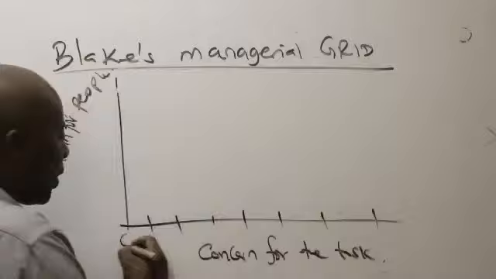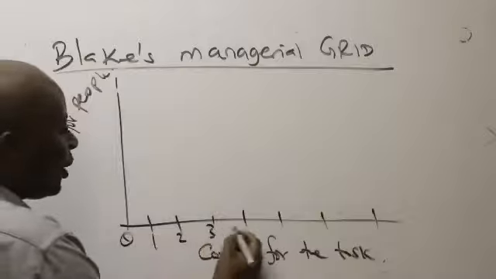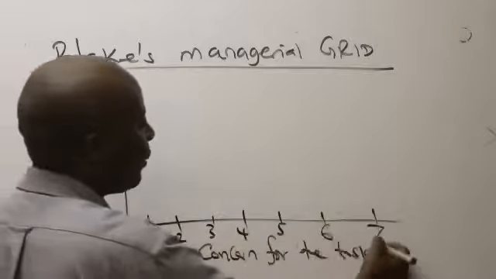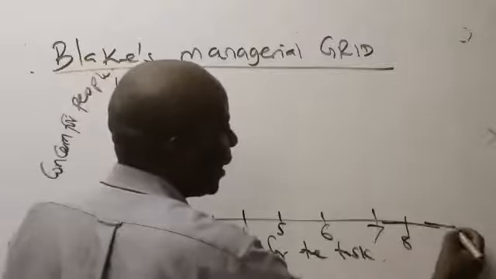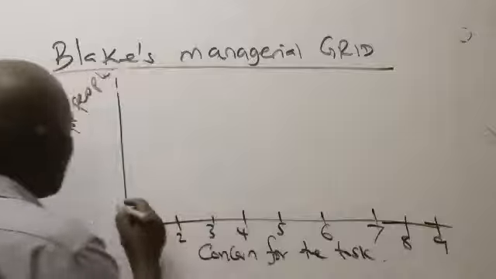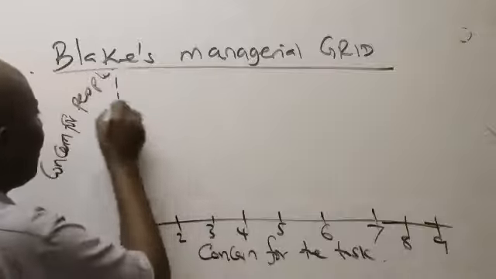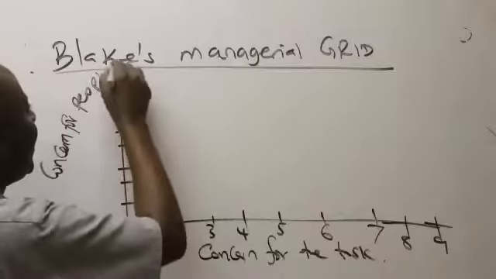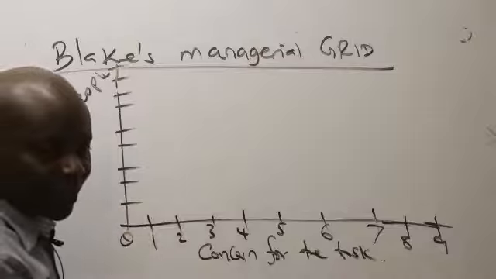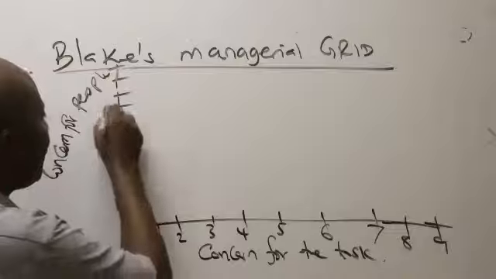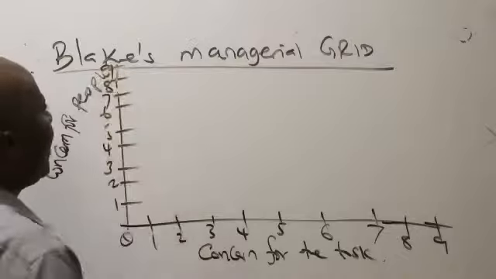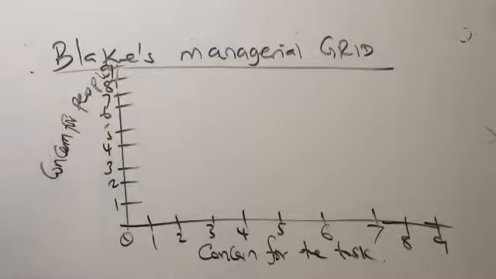So of course we have 0 there. 1, 2, 3, 4, 5, 6, 7, 8, up to 9. Great.